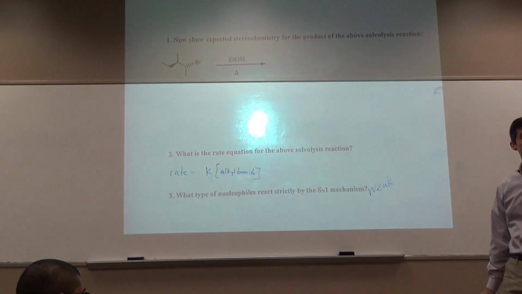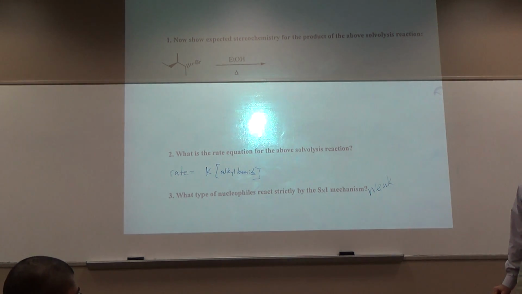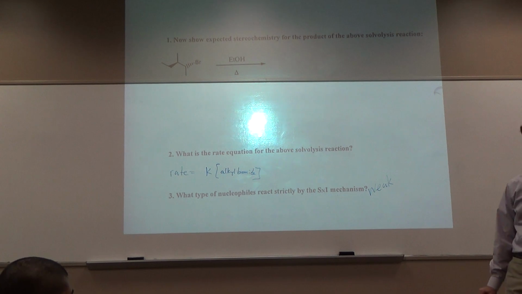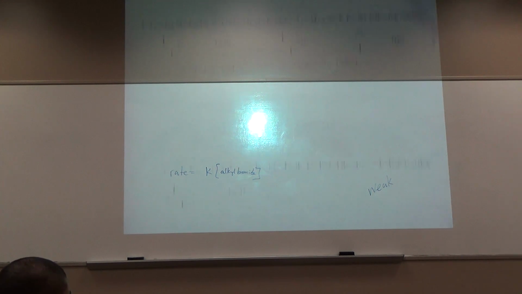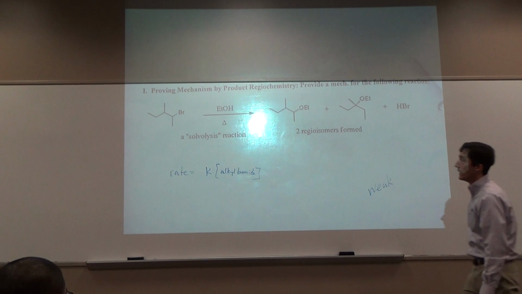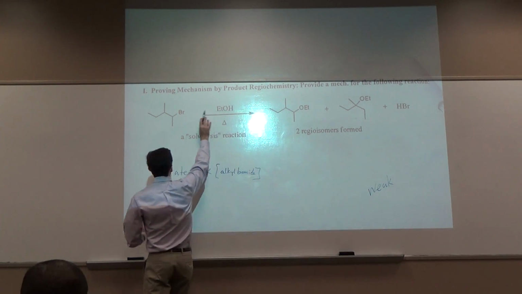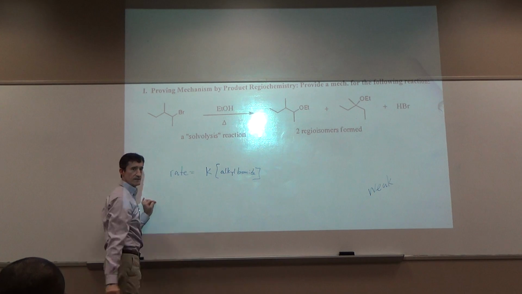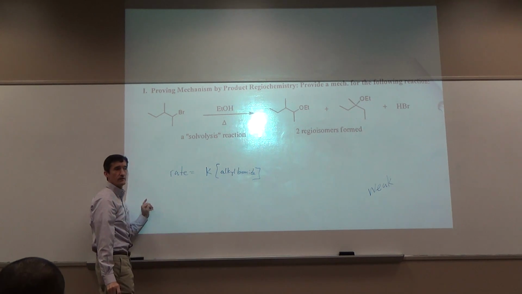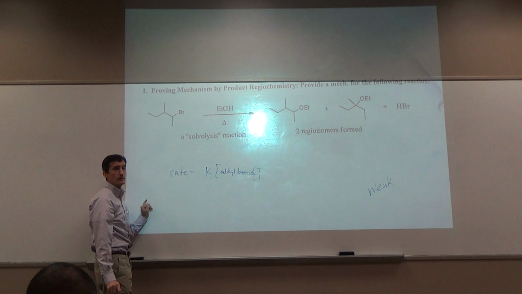I mean, why wouldn't a strong attack the carbocation? Why, when your nucleophile is strong, is it not SN1 usually? If this was strong, what would have happened first? Backside attack. Why? It's fast.